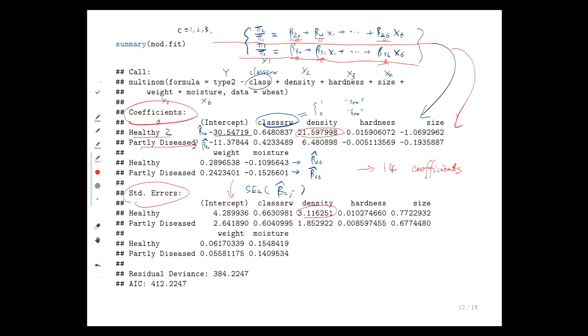The problem here is that pi 2 plus pi 1 is not equal to 1 because we have another category which is pi 3. So that's the difference between the logistic regression model and this nominal response regression model. So my suggestion here is, if you have more than 2 categories, just consider this model directly, and I think that's more straightforward. More questions? Thanks for the question.